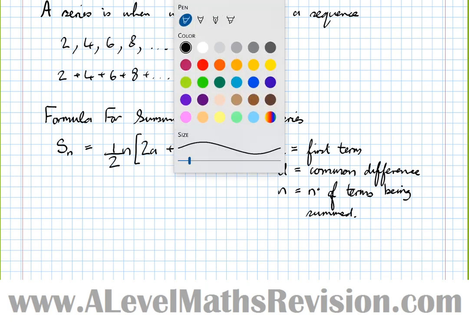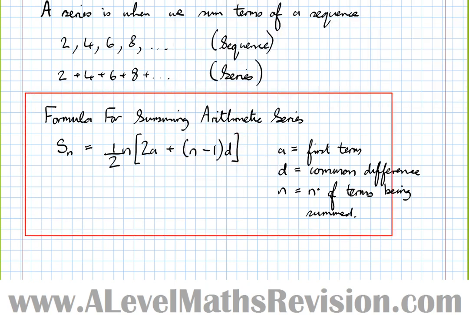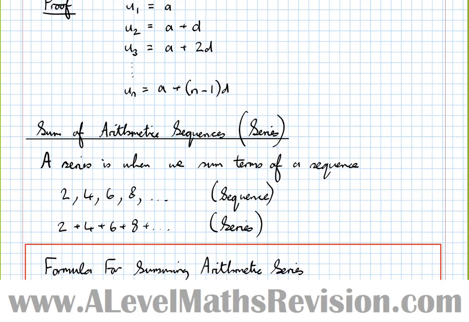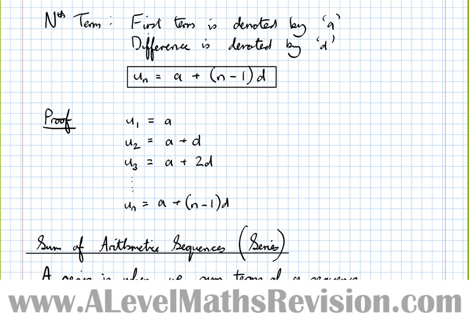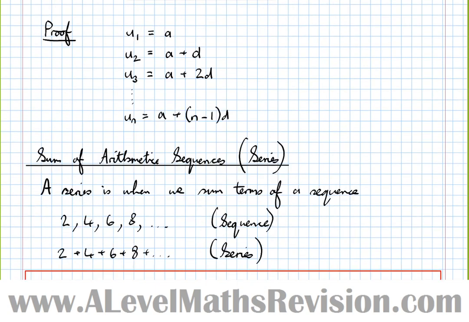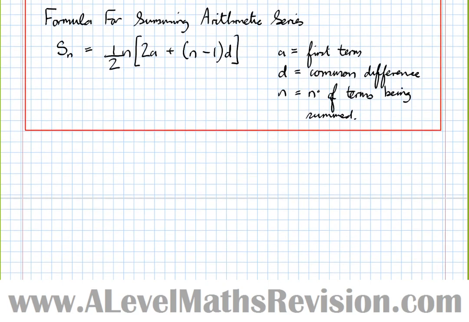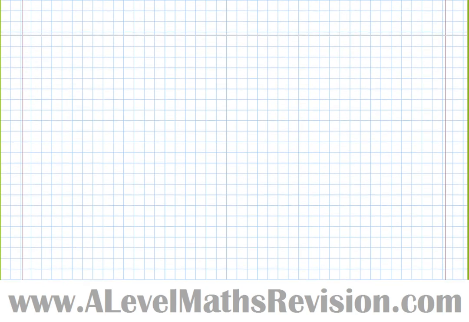And that there is an absolutely key formula. So if you are making notes, highlight that. And this here, really important. So half n, (2a plus (n minus 1)d). So we'll do an example.